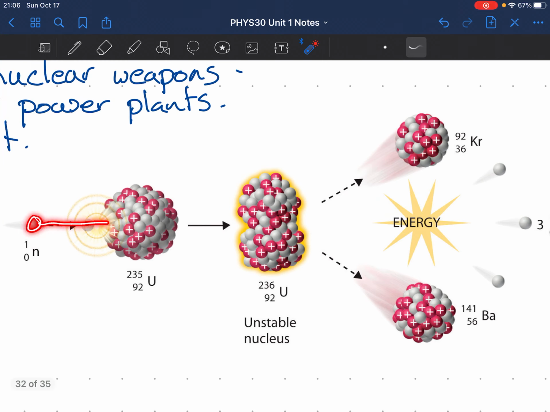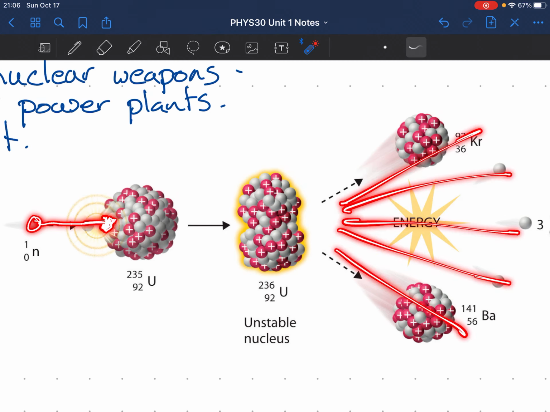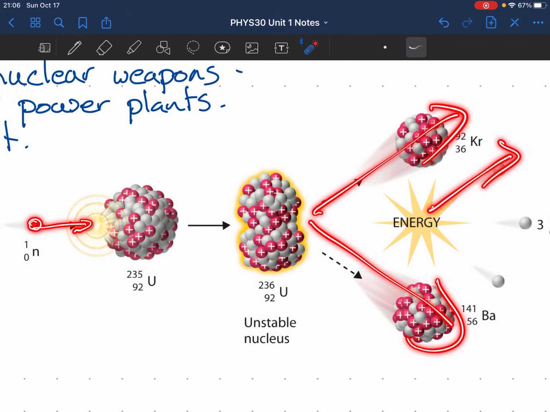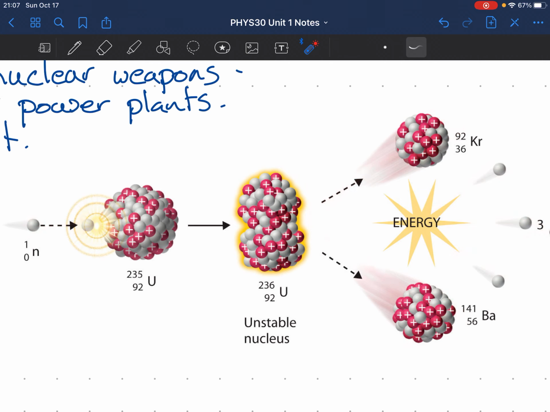All right, so this one neutron imparted a little bit of energy. Out of the end, you got a lot of energy. You only input a little bit of energy, and you get out a lot of energy. How do you get out this energy?